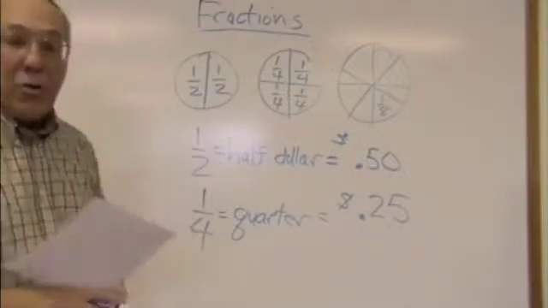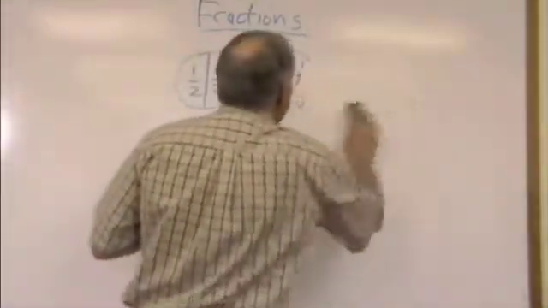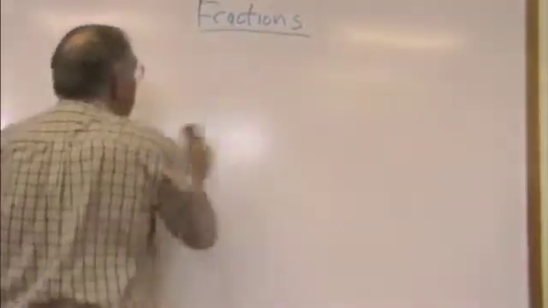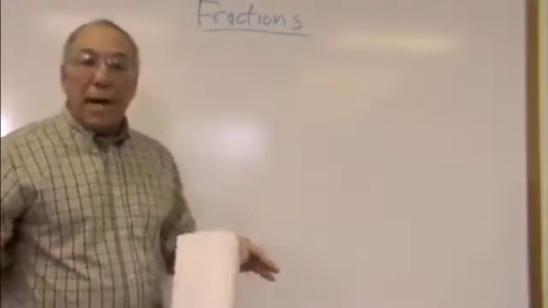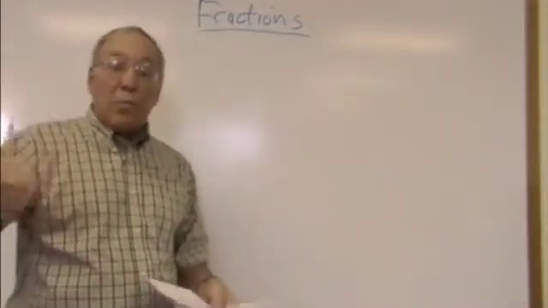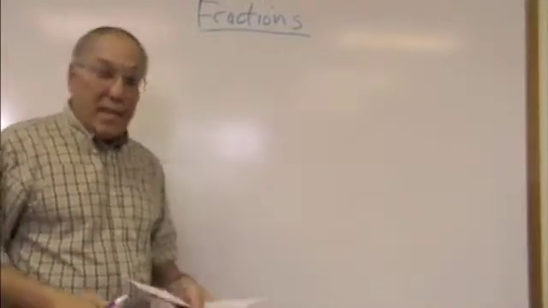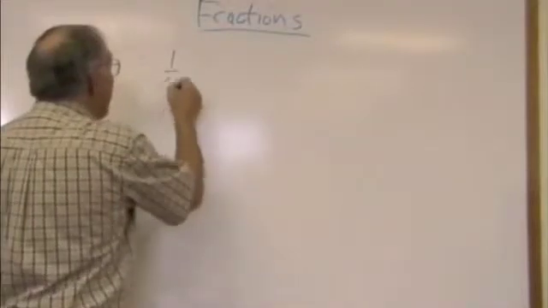Let's say we're going to add 2 fractions. I'm going to use some very simple examples because in this way you can figure out what the rules are for adding fractions in different situations.